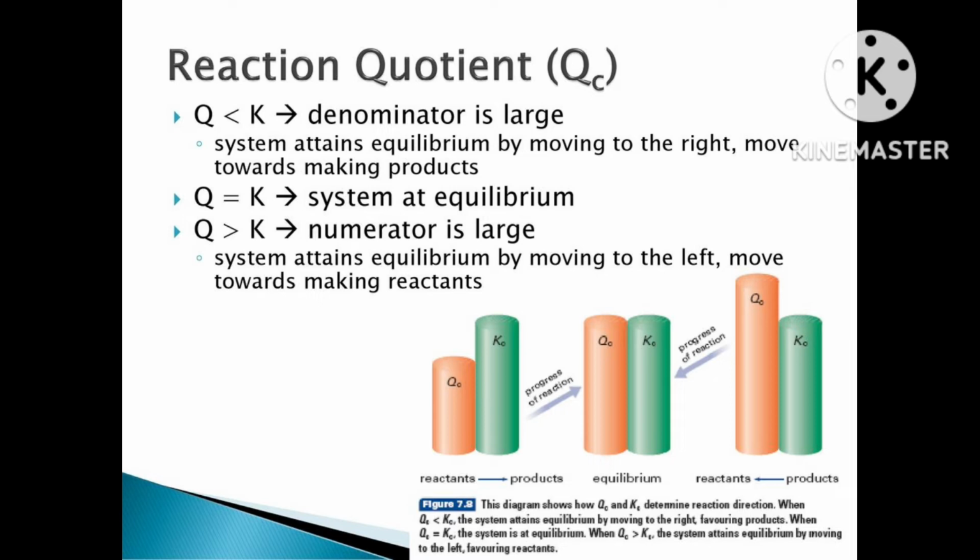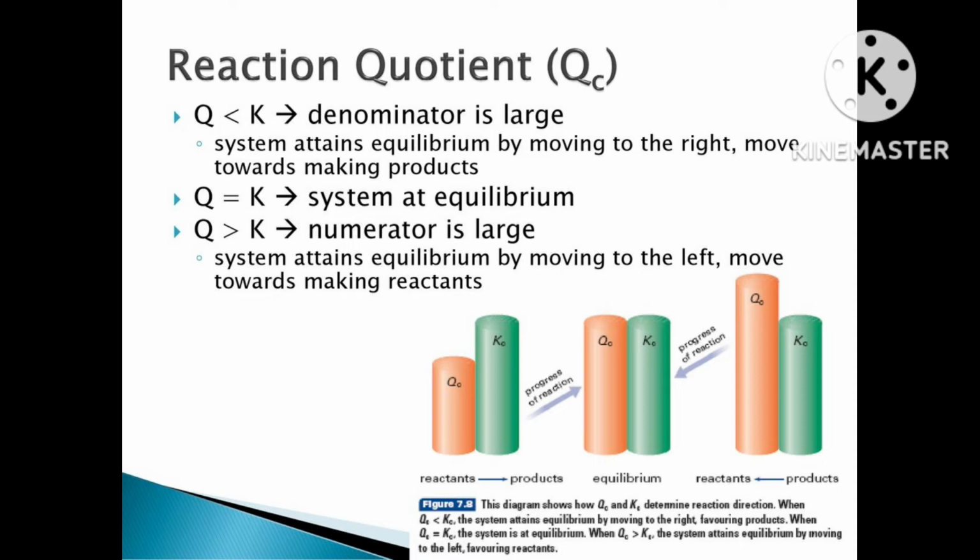Now I am reading the question. You have determined the Kc value; now we will determine the Kp value. If you know the Kc value, how will you find the Kp value? And in which direction will the reaction take place? By seeing the values of Kc and Q, you can determine this.